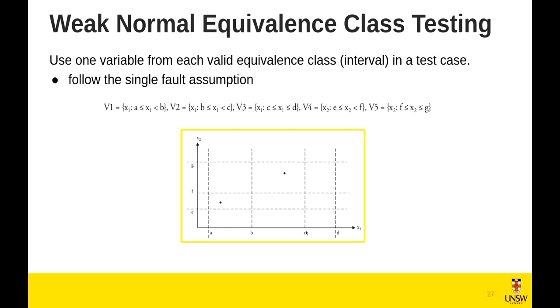And for x1, let's continue to the third point to cover the third interval for x1. For the last test case, do you think we can put it right up here in this square? Do you think it is correct to put a point here instead of here?